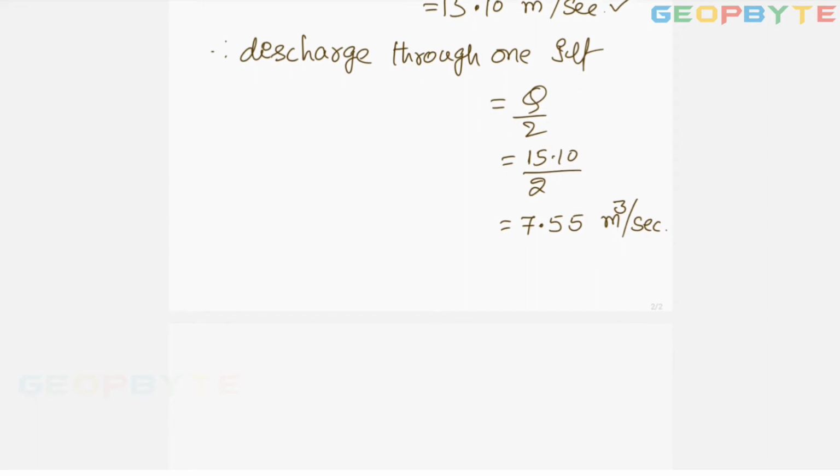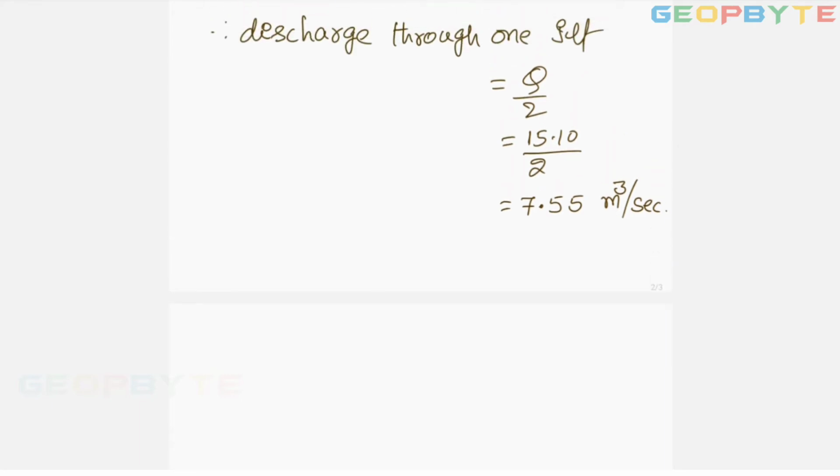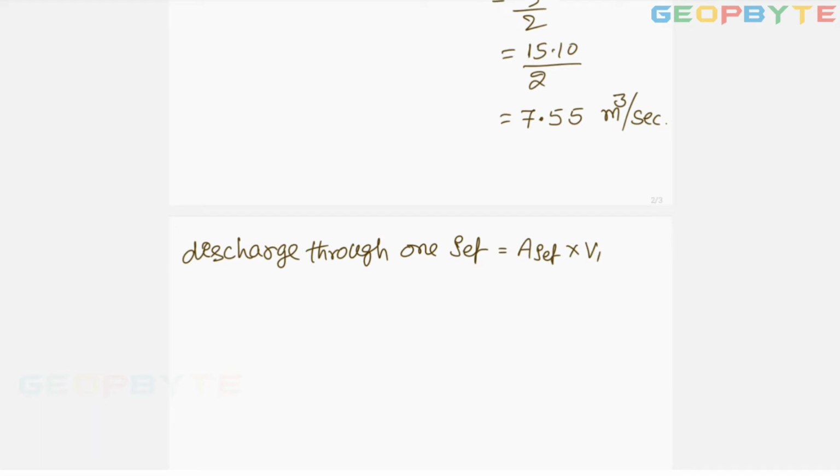This discharge must be equal to discharge through one jet, which equals area of the jet multiplied by velocity of the jet V1.